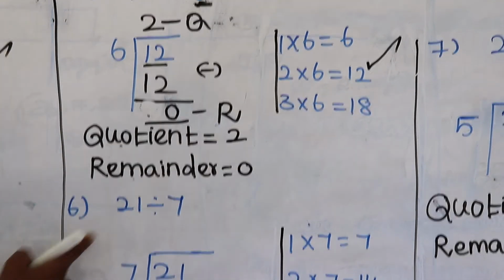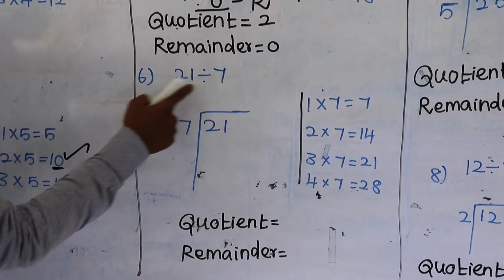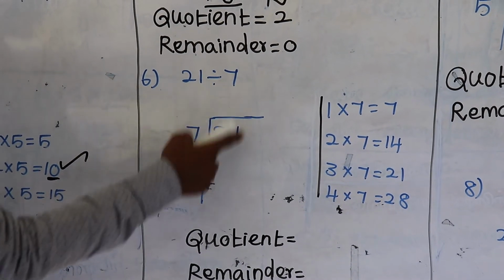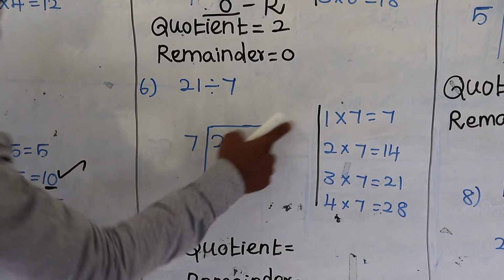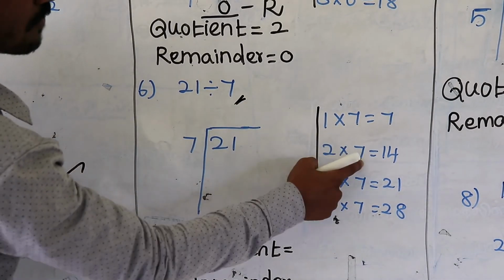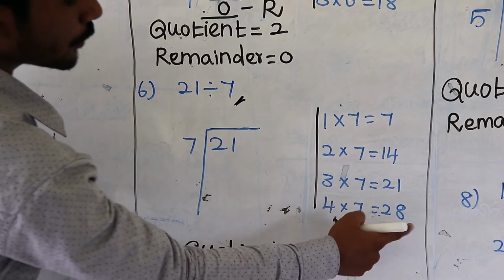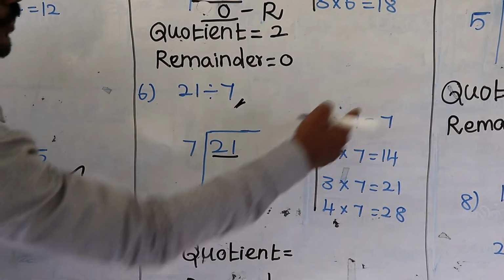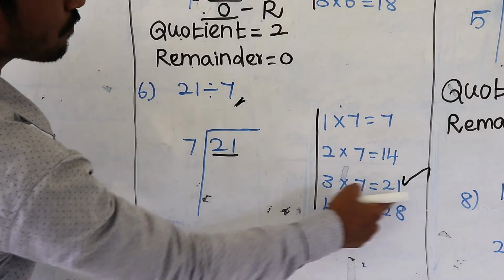Then sixth sum, 21 divide 7. 21 is the divided value, 7 is the divisor. Write like this, 21 divide 7. The seventh table is possible. Write 1 7 is 7, 2 7's are 14, 3 7's are 21, 4 7's are 28. First I will select the divided value 21. Where is the divided value 21? This one, 21. So this is fully possible.